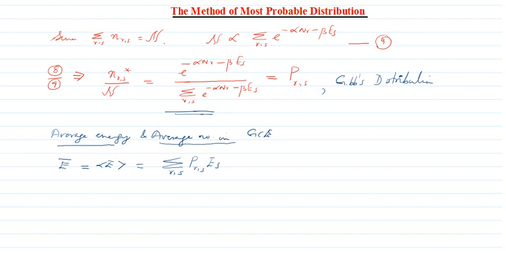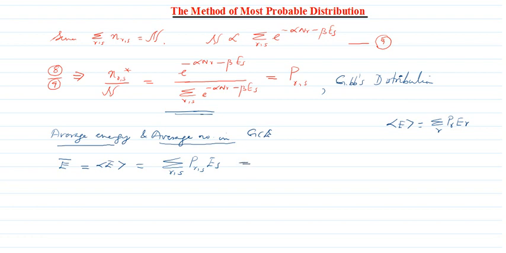Hope you remember, average energy in the case of canonical ensemble was also defined like that, sum over R of PR ER, where PR was the probability that the system is found in a state with energy ER. Here the only difference is that there are two conditions. Instead of PR, it will be PR comma S, so summation also will be over R and S, and energy is not ER, it is ES as per the notation. So you can just substitute for this.